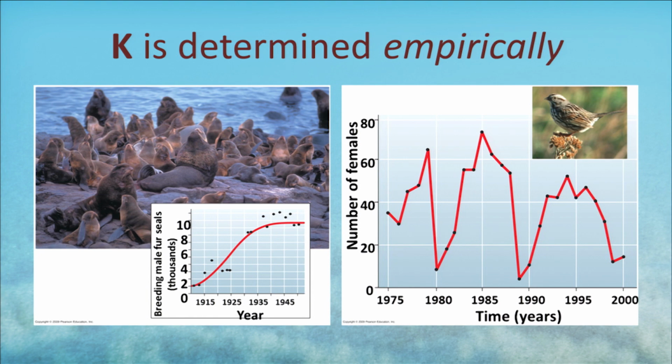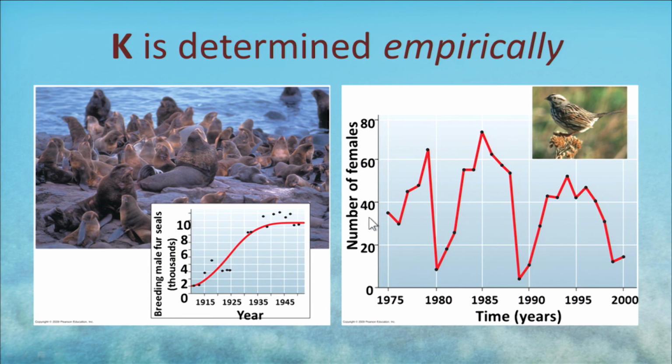If we look at the song sparrow population shown on the right-hand side, we notice that over time we see a huge number of fluctuations, and those fluctuations, at least the decreases, are the result of catastrophic winters, and then in the following years you see some rebounding and then another catastrophic event and rebounding, etc. So if someone were to ask you, what is the carrying capacity for the song sparrow population, it might be tempting to just go to the highest data point and say, well, it's probably around 70, but unfortunately that doesn't seem to be sustainable.